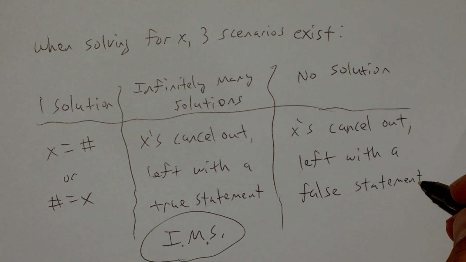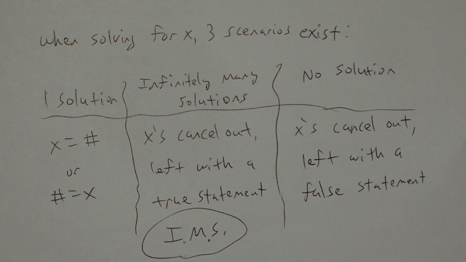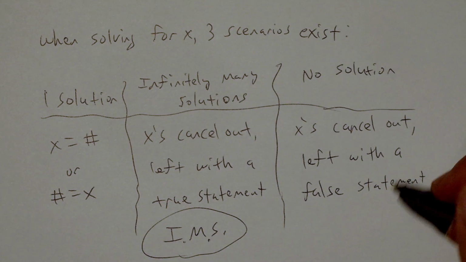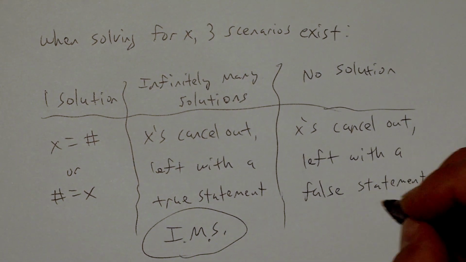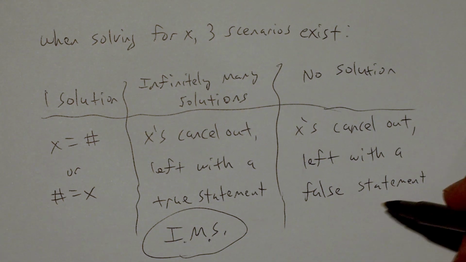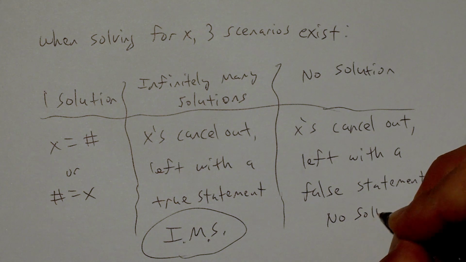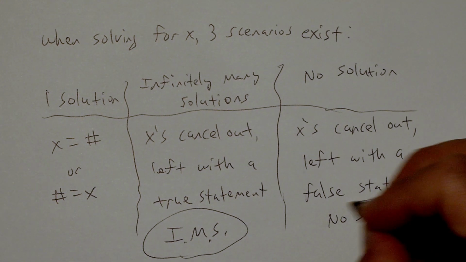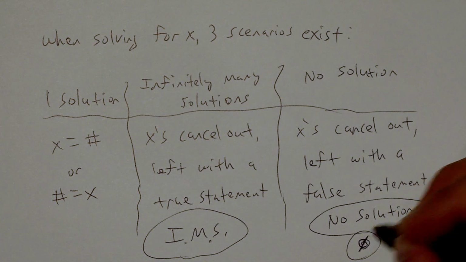No matter what value of x you plug in, you're left with a false statement. You could plug in any value you want, and they're all coming out to be false. If you wanted to check, this is where we have no solution as our final answer, or you could just write it like that. It's like a 0 with a slash through it.